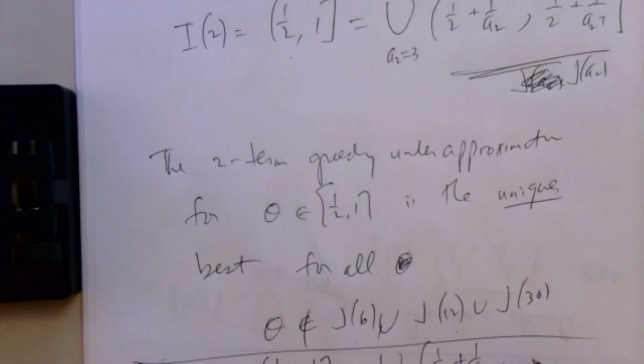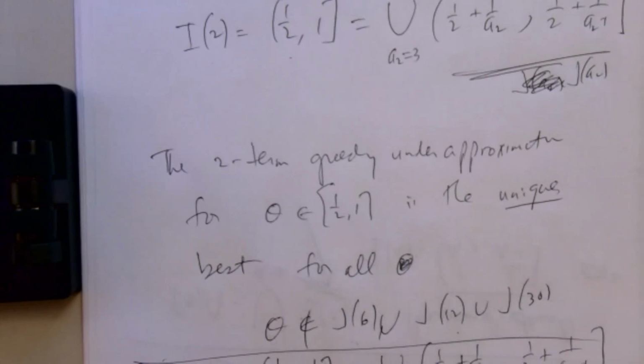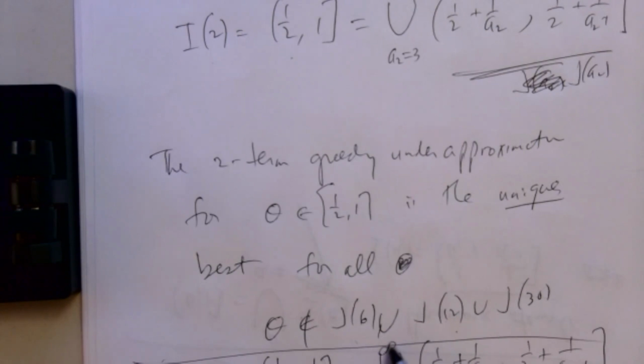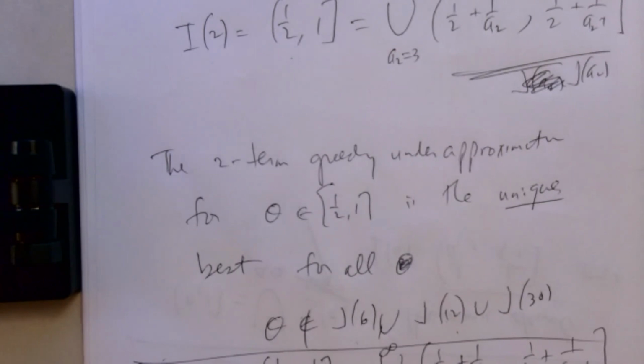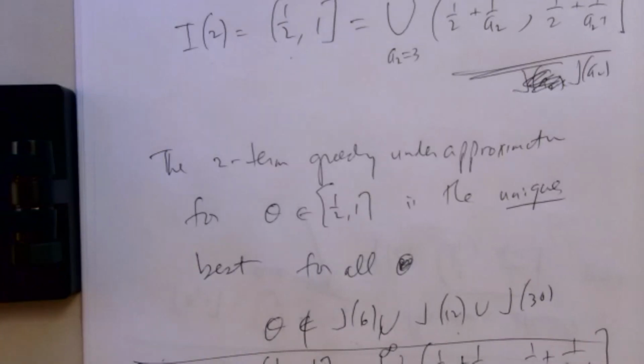1/3 plus 1 over A2, 1/3 plus 1 over A sub 2 minus 1, where A2 goes from 7 to infinity. So the greedy algorithm, correct me if I'm wrong.